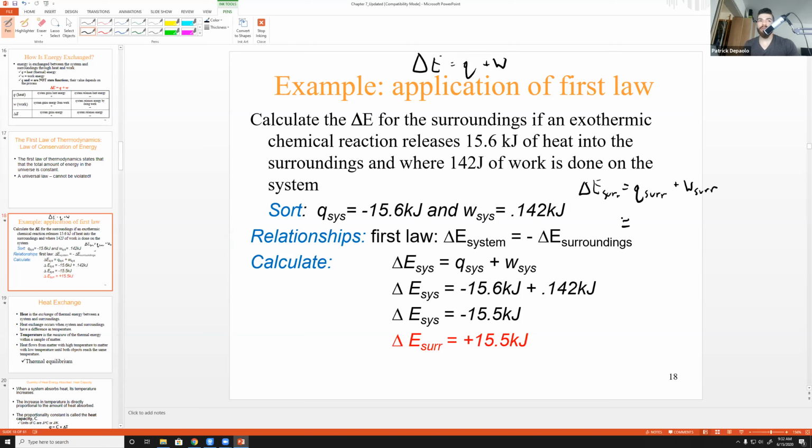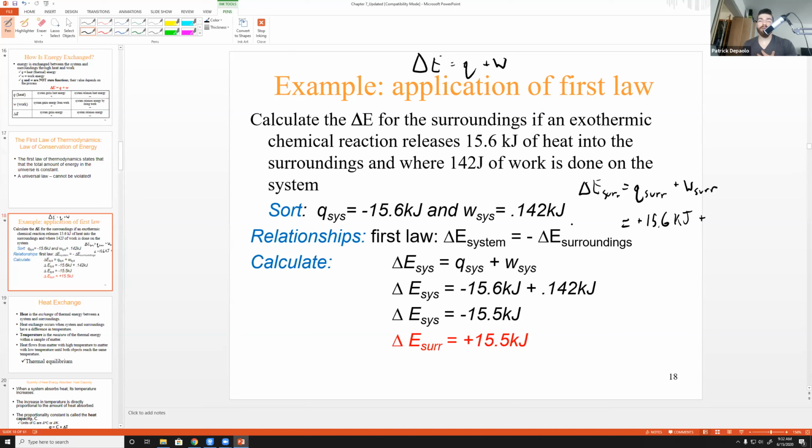So what we have is exothermic releases this much heat into the surroundings. That means if I am the surroundings, I am gaining that much. So I'm going to put positive 15.6 kilojoules.